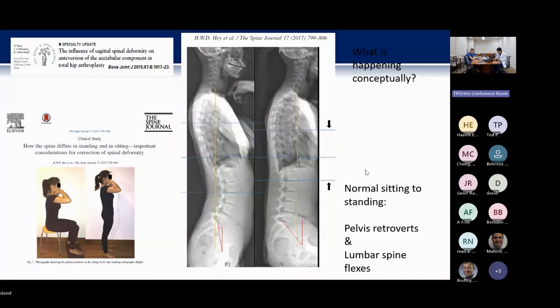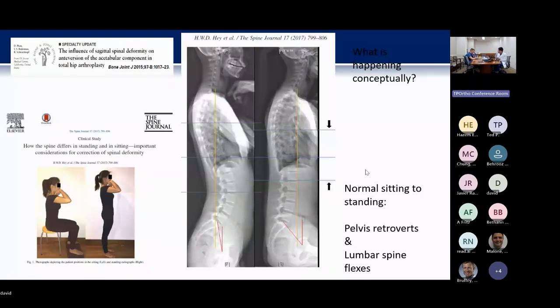Essentially, in the seated position, there's more tilt, more retroversion of the pelvis, and a little bit less lumbar flexion. So when you stand, you get more lordosis and a little less pelvic tilt.